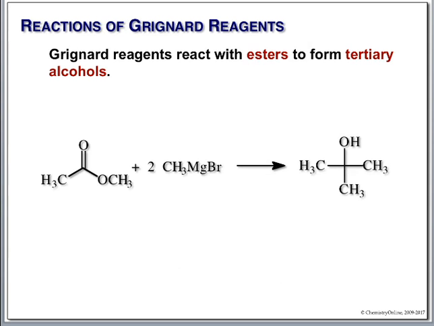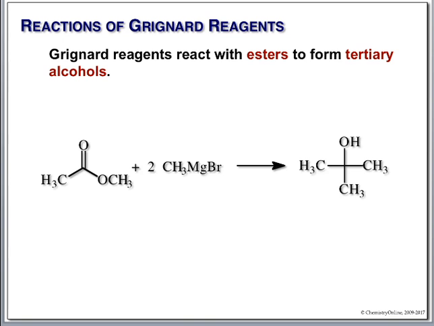This is methyl acetate. We're going to react it with methyl magnesium bromide, 2 moles of it. And by George, we wind up with a tertiary alcohol, terbutyl alcohol.